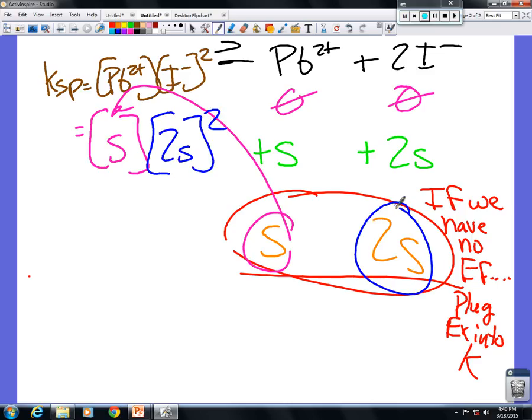All I did was take this and plug it right in. You guys tell me, what is S times 2S squared? I reduced all of that RICE table right into that. Think about how much time you've just saved. Is that one of those mind-blowing kind of things?